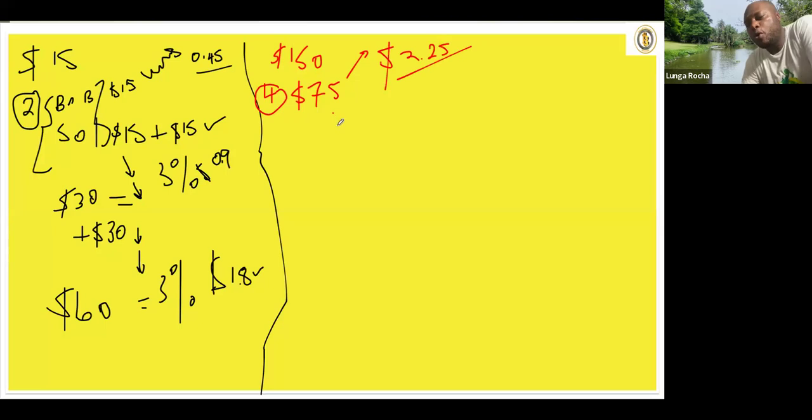But if the market drops from here, you are now in a space whereby you're going to times this by 2. You add liquidity. This becomes your desired amount, first buying amount, which is $150.